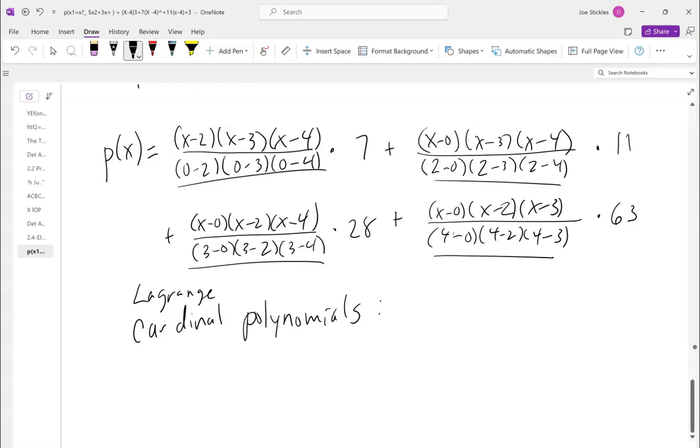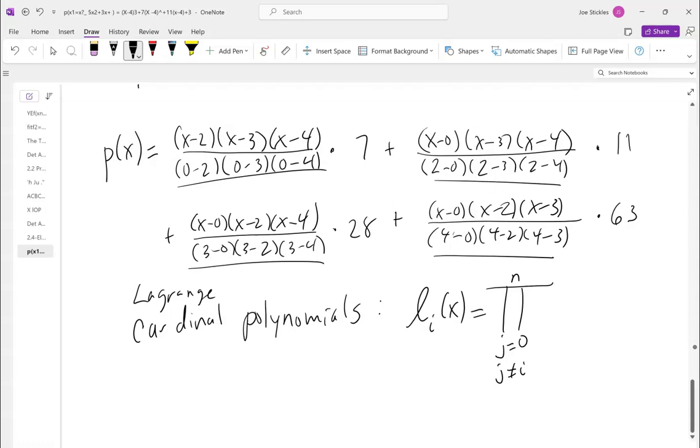So when you write, usually we use an L sub i of x. We use a little L sub i of x. It's a big product. You know how you use a sigma for a big long sum? You use a big capital pi for a big long product. The product will do a different index. j will go from 0 to n, but I don't want the indices to match.